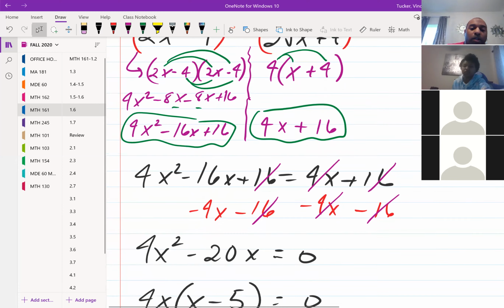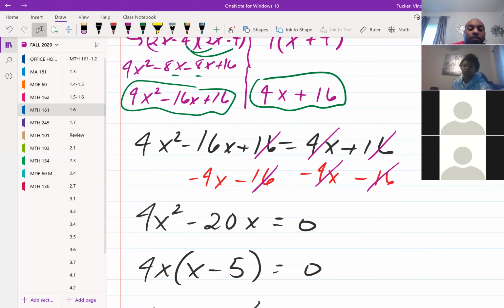All right. So now we factor out 4x. That would be 4x times x minus 5.